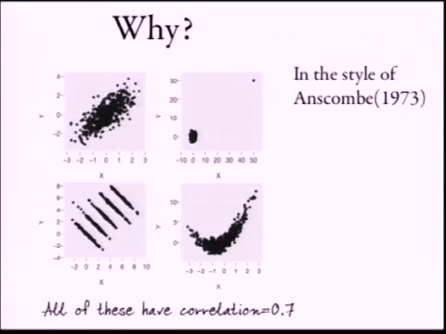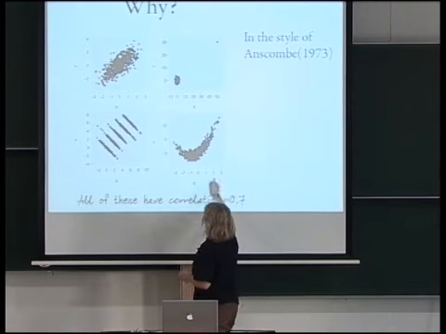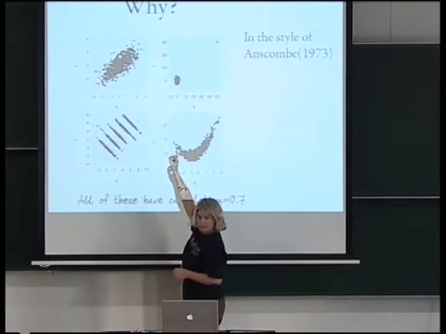Okay, so why is this important? Here's an example that goes back to Anscombe, I think, in 1973, in terms of regression analysis. If you look at all of these four plots, they're completely different, but the correlation for all of them is 0.7. Okay, so correlation as a measure is only appropriate really for measuring that top left one.